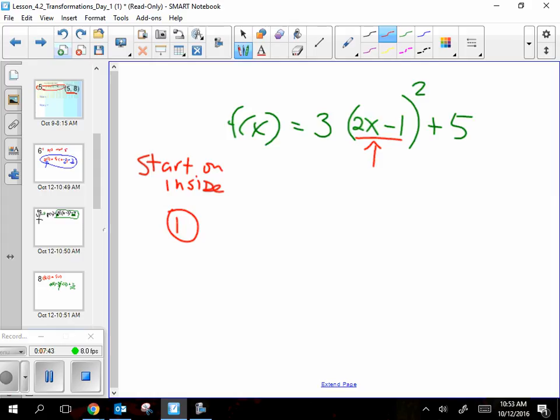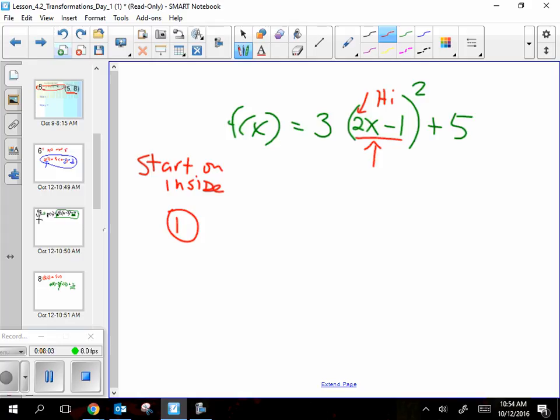What do you mean I don't trust it? Well, it goes in the opposite order of what you'd expect, and it does opposite things of what you'd expect. You would think this would make it twice as wide, because that's on the inside, and it's horizontal stuff on the inside. You'd think it would make it twice as wide because you get that times 2, but it doesn't. It makes it half as wide.